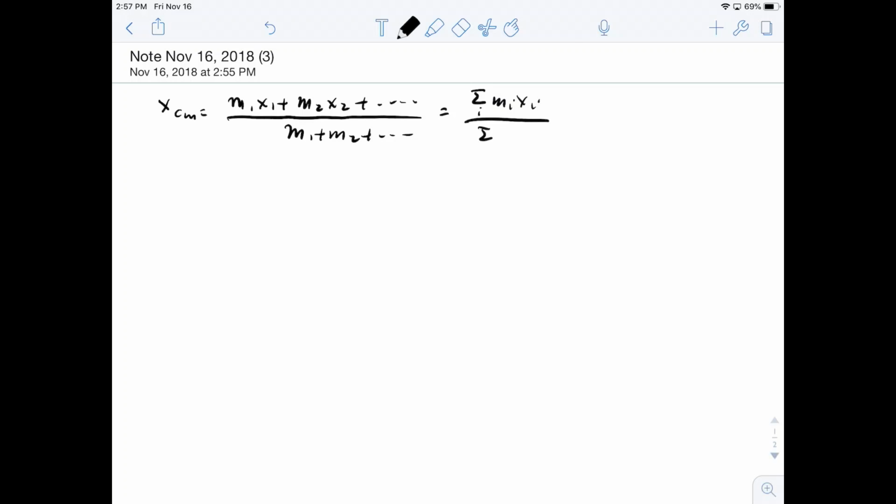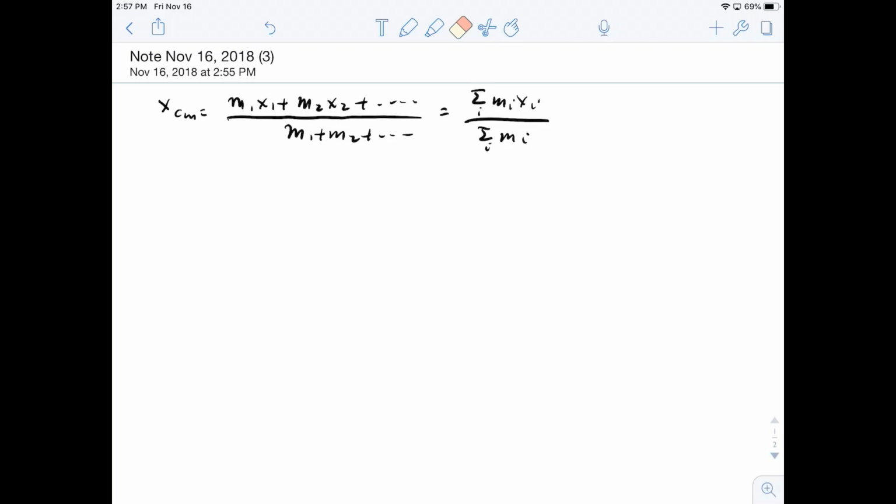Let's first review what a center of mass is, right? In the previous chapters we defined the center of mass as m1x1 plus m2x2 plus dot dot dot, divided by m1 plus m2 plus all the masses. Basically, this is a weighted sum of all the x positions of all these objects.